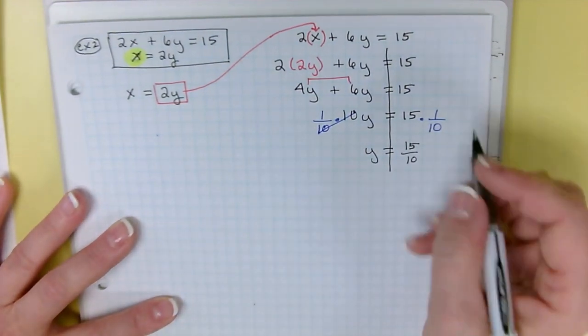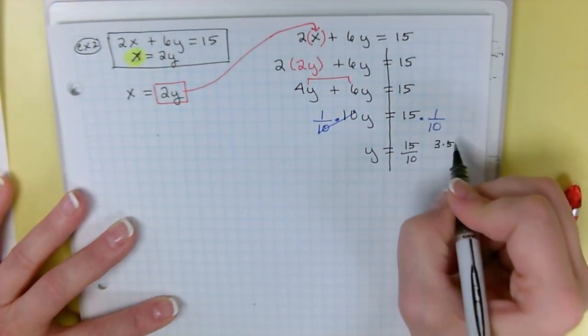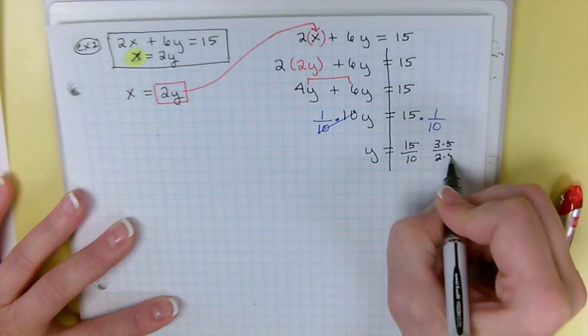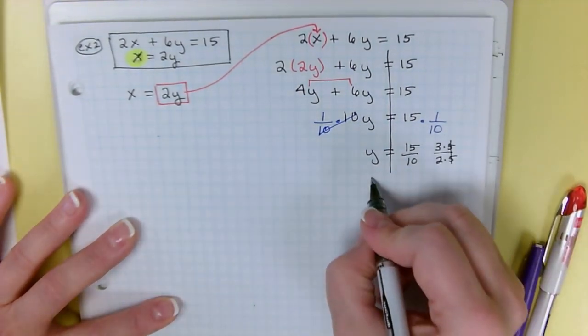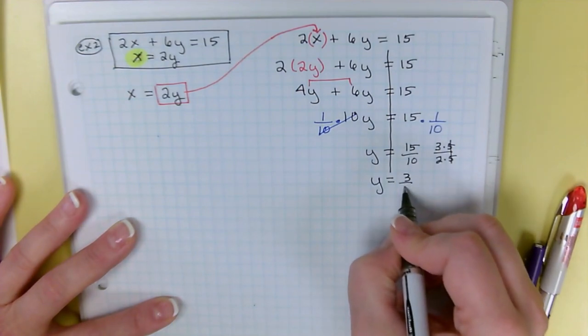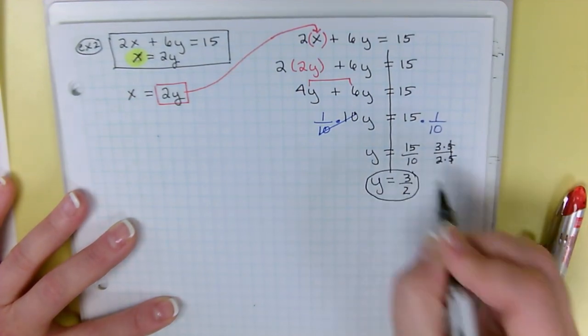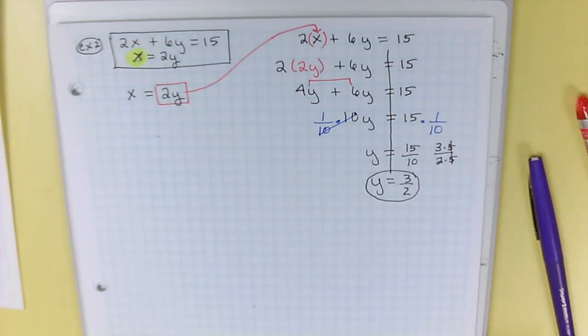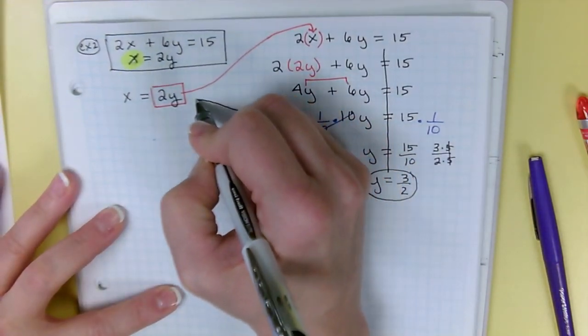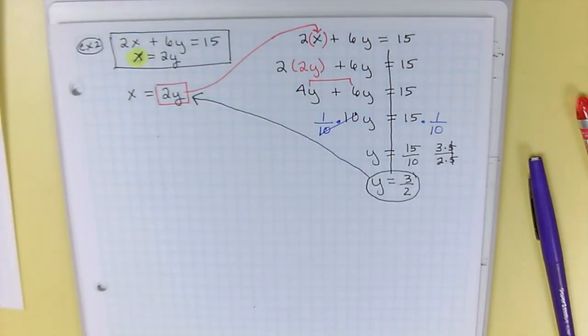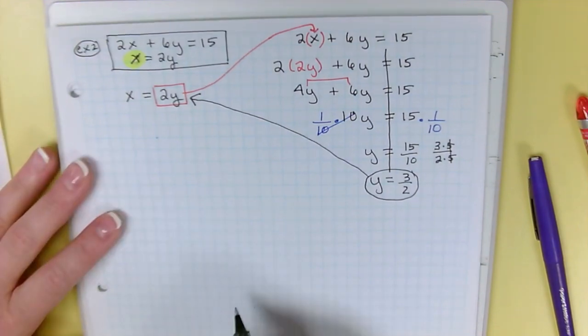We should reduce that fraction. 15 is 3 times 5. 10 is 2 times 5. Take out the 5s. We get y equals 3/2 as our first answer. Now that we've got our first answer, we're going to substitute it back into the first equation. Look for the box. So put the arrow to the box and fill it in.